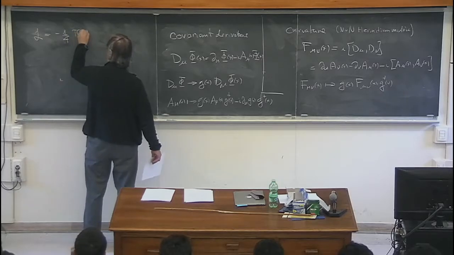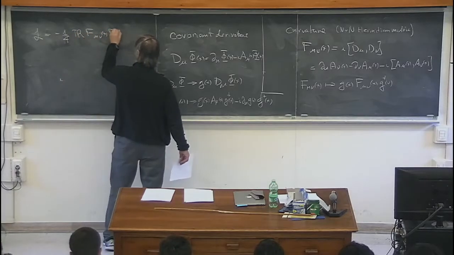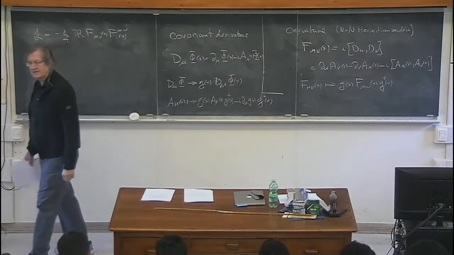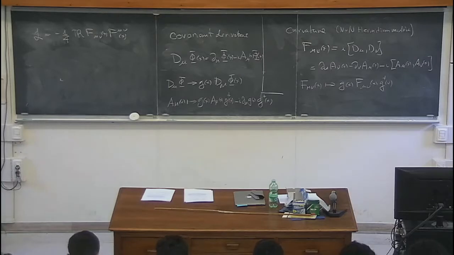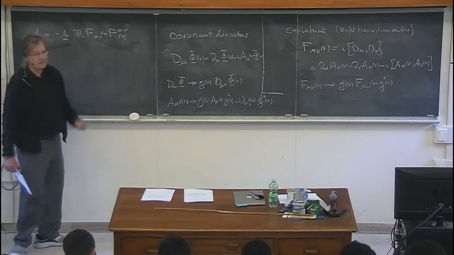So F mu nu are Hermitian matrices. So take a product of two of them. The upper and lower Lorentz indices are the usual stuff, raised and lowered with the Minkowski space metric. So take a product of two of them and take a trace.